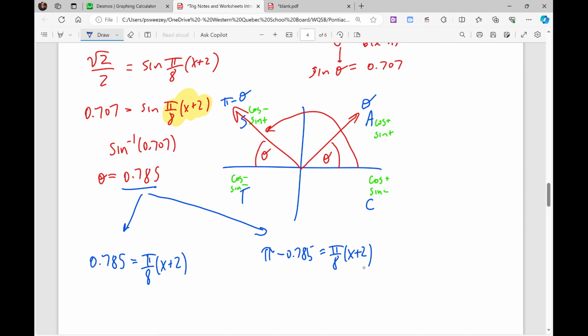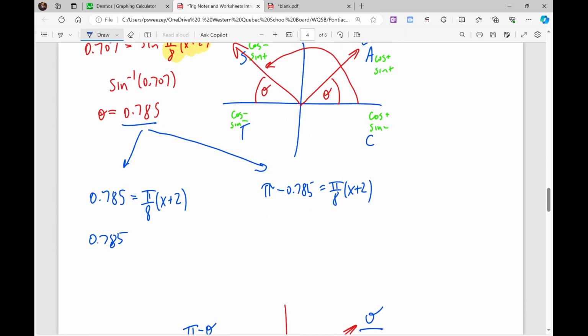Now, my suggestion to you at this point is to keep everything to at least 3 decimal places. I'm just going to rewrite these here. 0.785 is equal to pi divided by 8, which gives me 0.393, x plus 2.